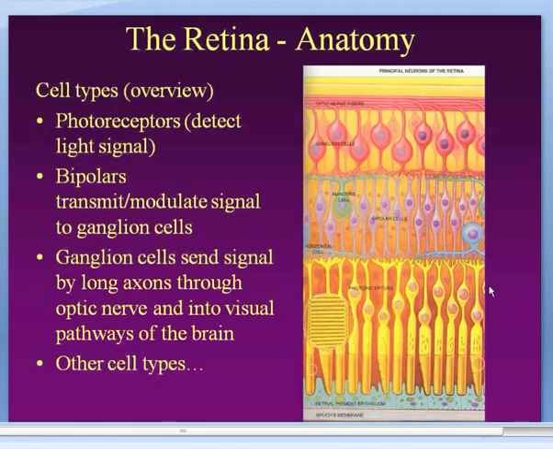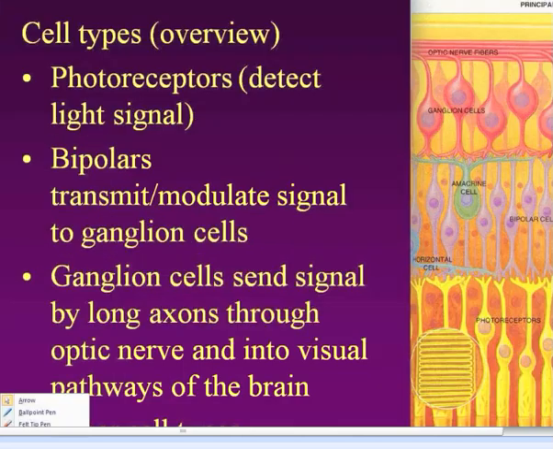The photoreceptors are the ones that detect light. The light detection happens within the visual pigments down in the cones and the rods.